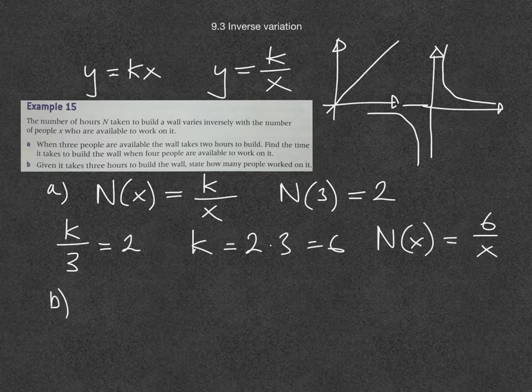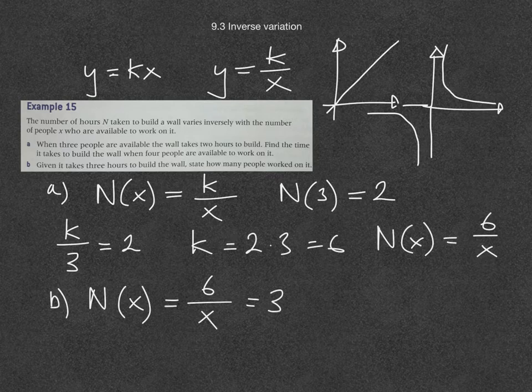B, given it takes 3 hours to build a wall, state how many people worked on it. So again, this problem is fairly simple. So it's a 6-hour job. It took 3 hours, so 2 people must have worked on it. But we can also use the equation. So in this case, we don't know how many people, but we know it's 6 divided by x equals 3.